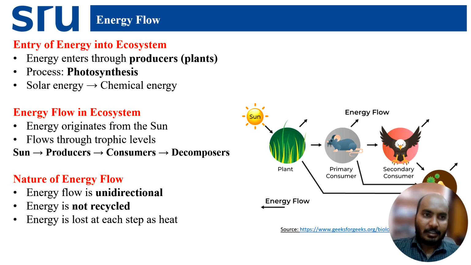Energy enters the producers like plants, which use photosynthesis to generate food. This food is further utilized by consumers like primary and secondary consumers, who completely depend on producers like plants. Energy enters the ecosystem through the producers, mainly plants.